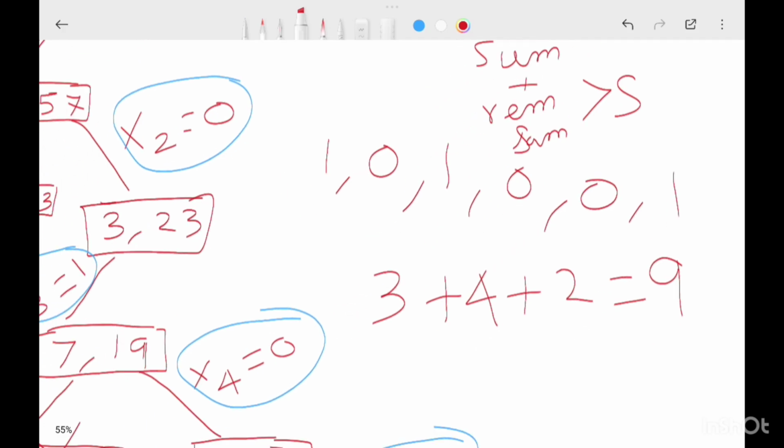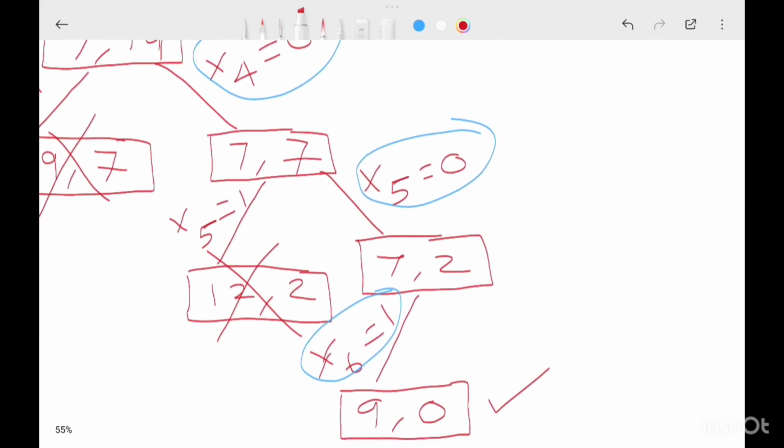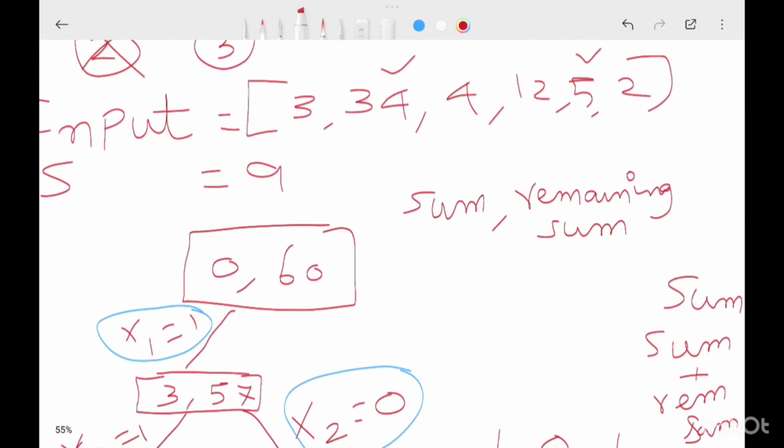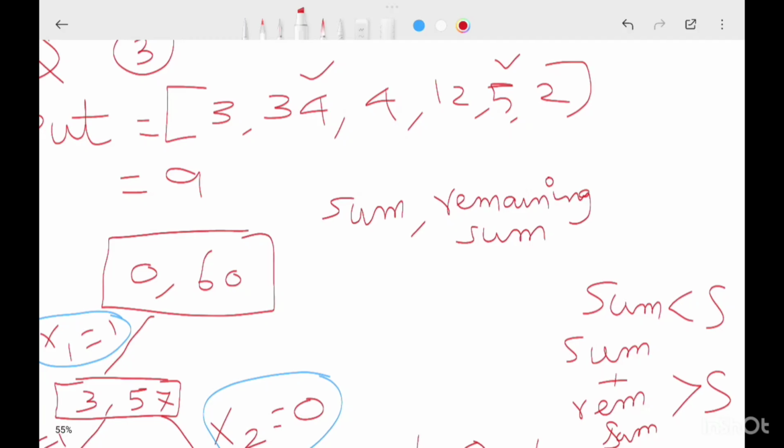Once you reach the final solution state, we can still continue our recursive backtracking approach. It means move back to the previous state and then explore all its possible next states. If you complete the entire state space tree, then we can find all the possible solutions. For this input we can also find another possible solution like 4 plus 5.